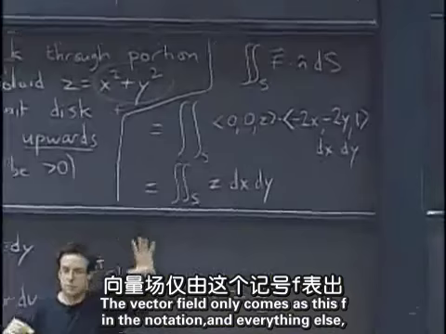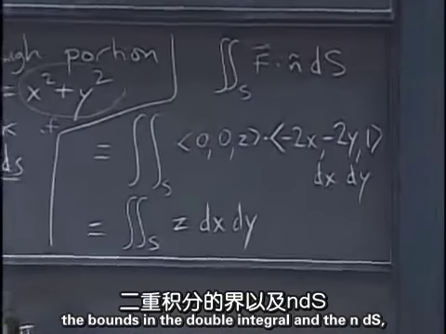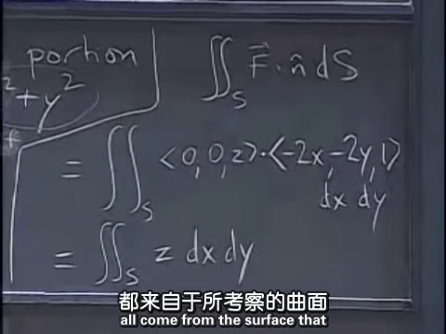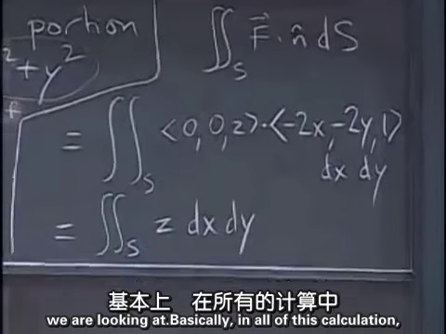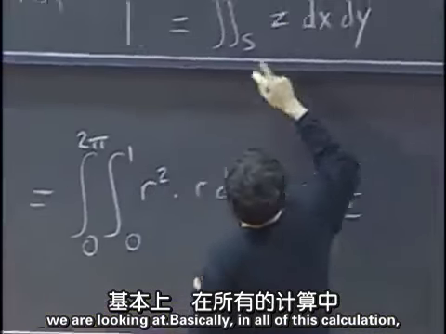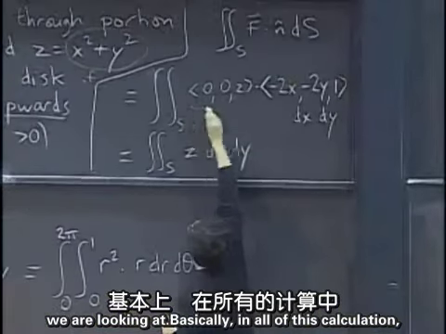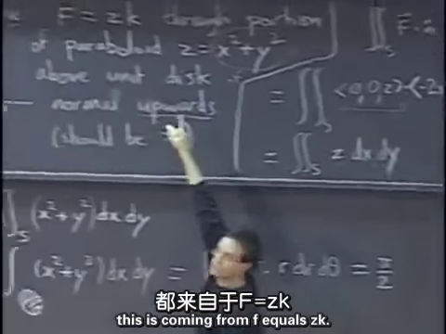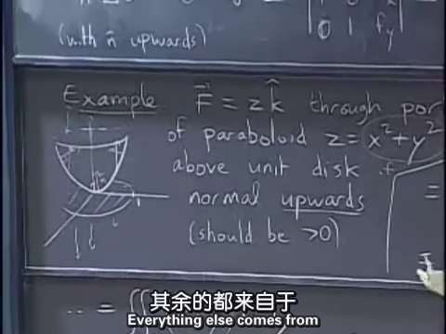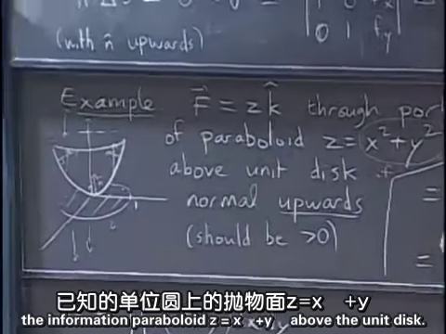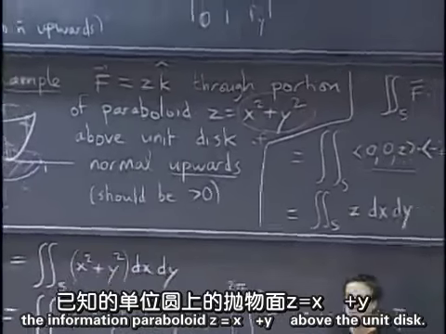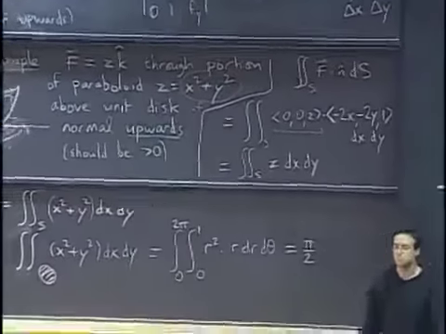Everything else, the bounds, the double integral and the n dS, comes from the surface we are looking at. So in all of this calculation, this is coming from F equals z k hat. Everything else comes from the paraboloid z equals x squared plus y squared above the unit disk.